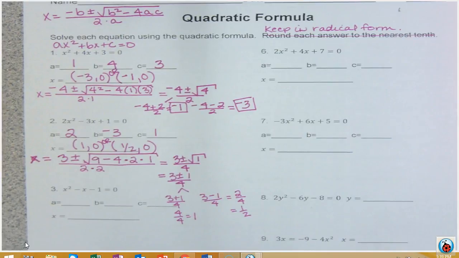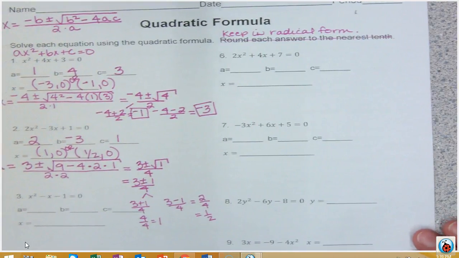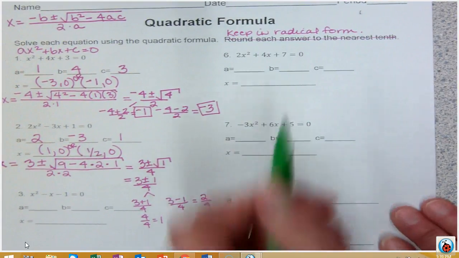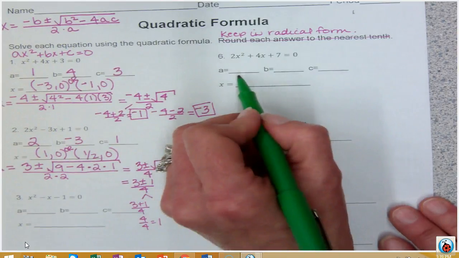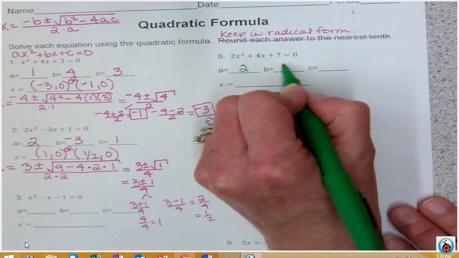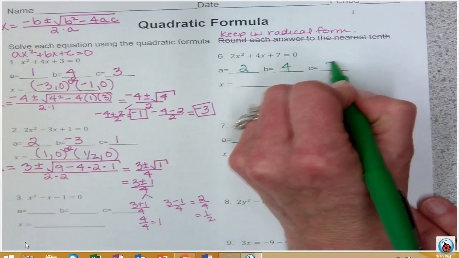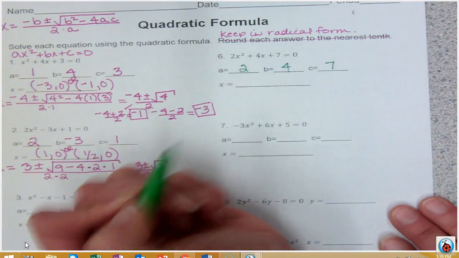Now, let's do numbers 6 and 7. We use the same exact stuff, it's just that we got a little more numbers. So my A value is 2, my B value is 4, my C value is 7.